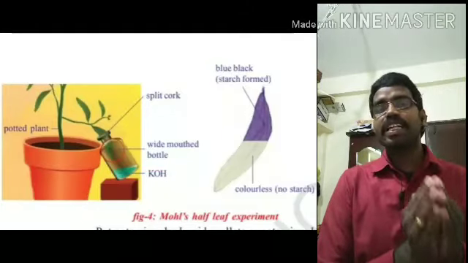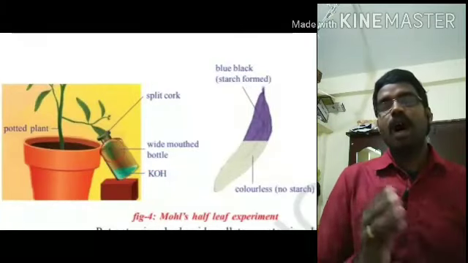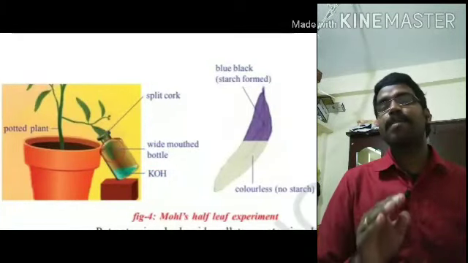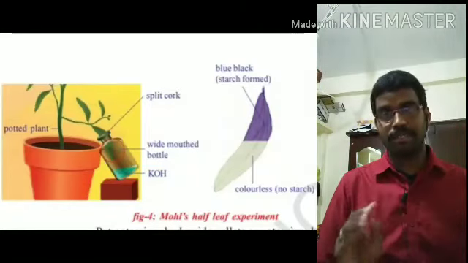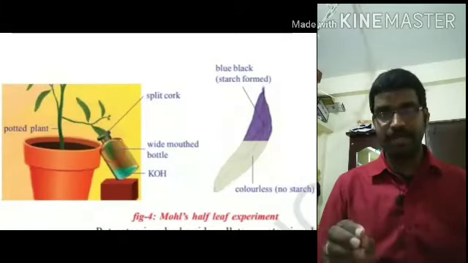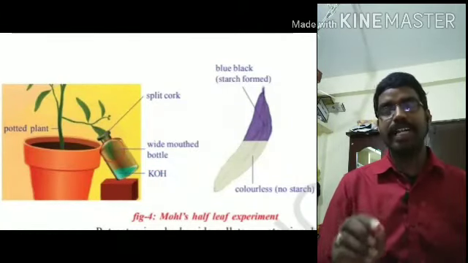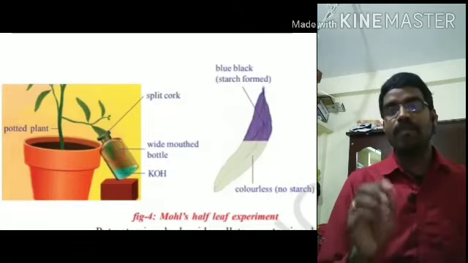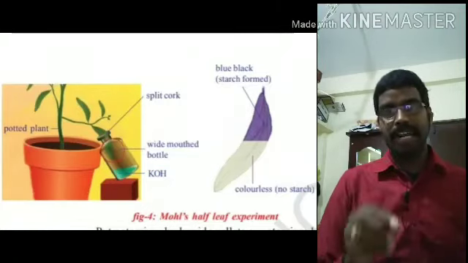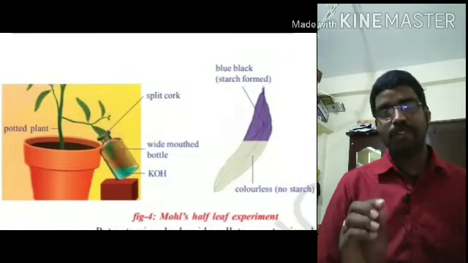The leaf part present in the bottle does not change to blue black because in the bottle we are using KOH solution, so it does not receive carbon dioxide and is not performing photosynthesis.